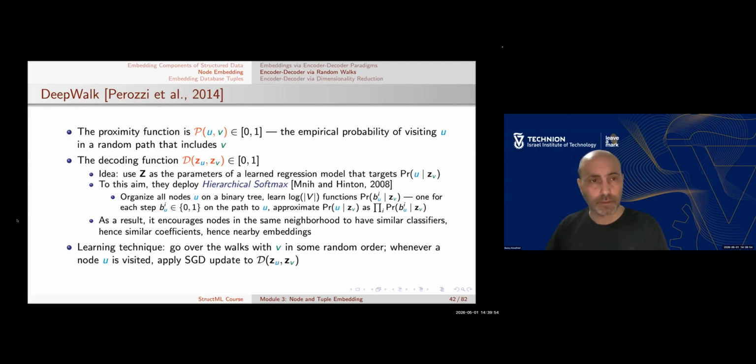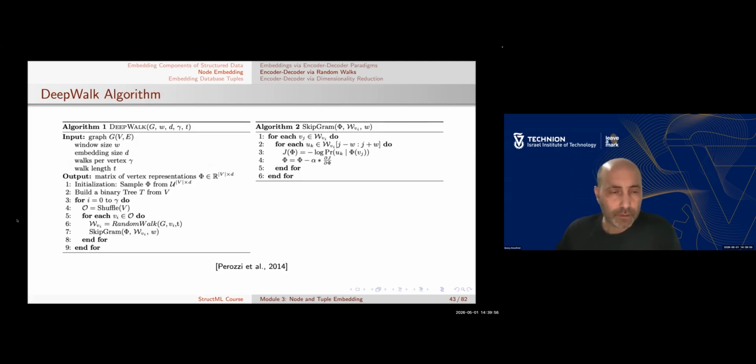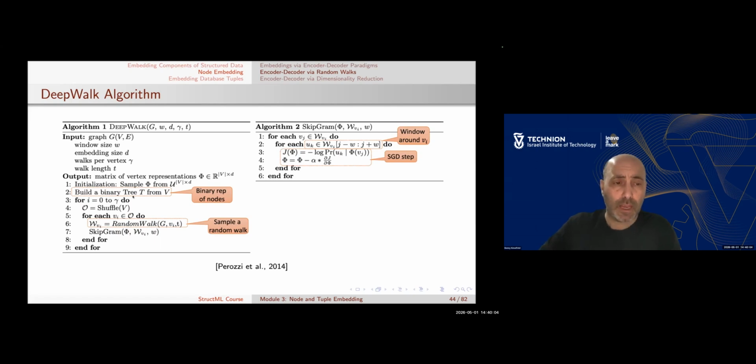That's the idea. This is the pseudocode, and you can see in the pseudocode that they build this binary tree representation, and then they go through the nodes. For each node, they create a set of context random walks from this node. And then they apply the SGD round.